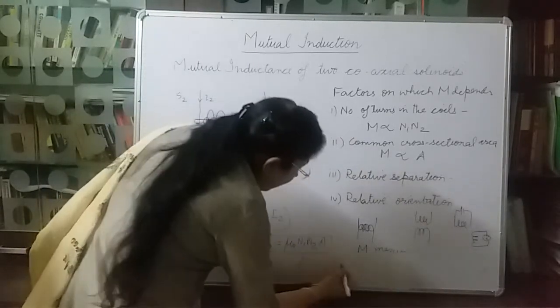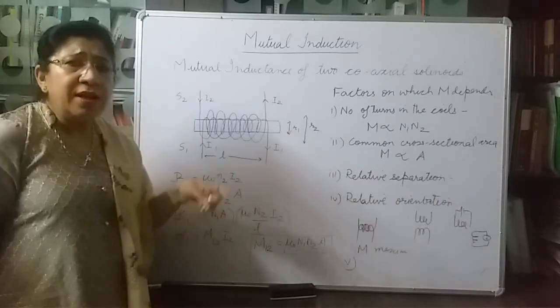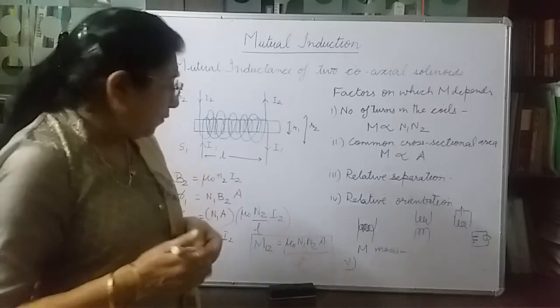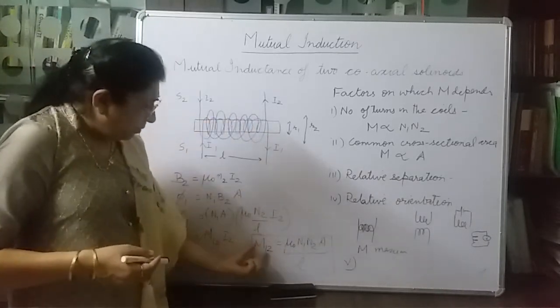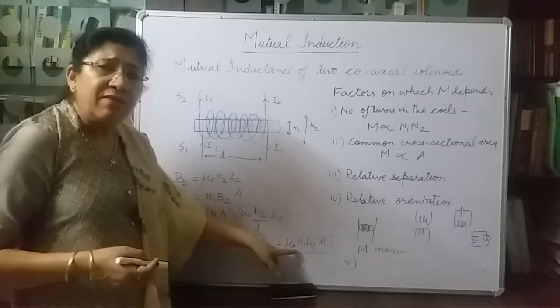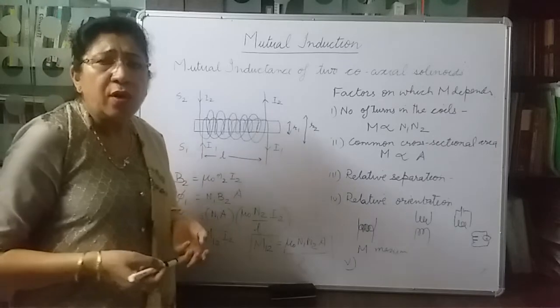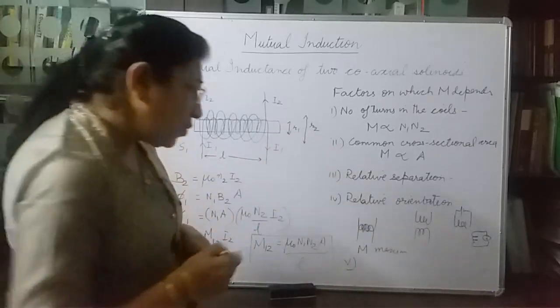And one more factor it depends on, you can see here, mu naught. Mu naught is the absolute permeability of free space. If this core is an air core, then the mutual inductance is mu naught N1 N2 A upon L. But if we replace this air core by an iron core, then the mutual inductance will increase.